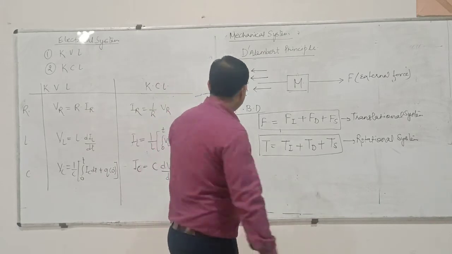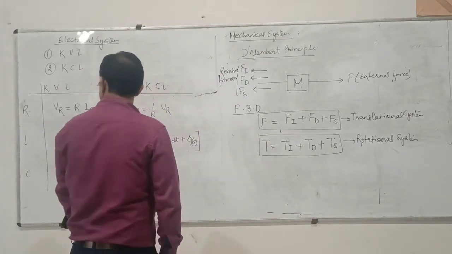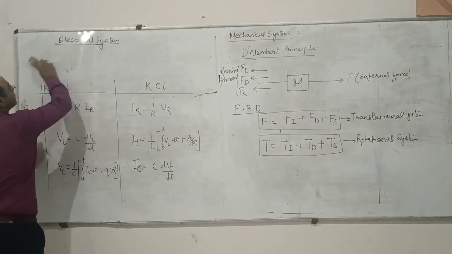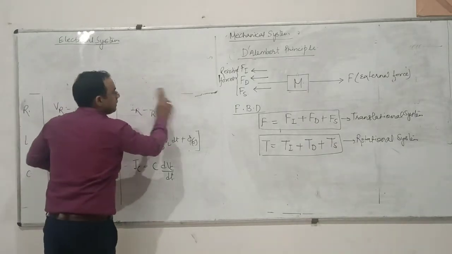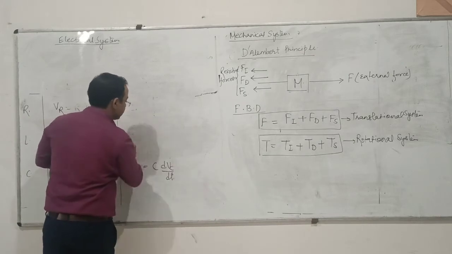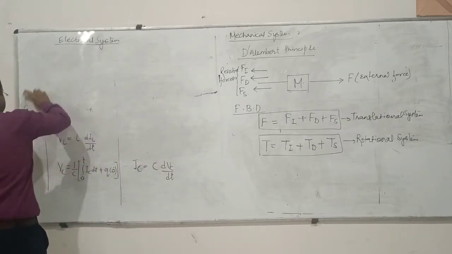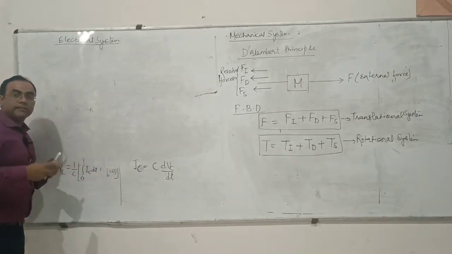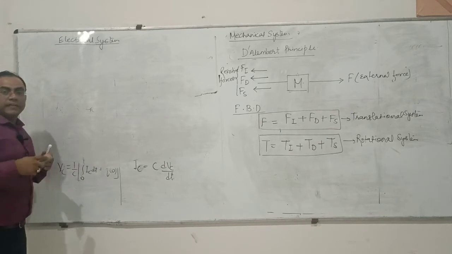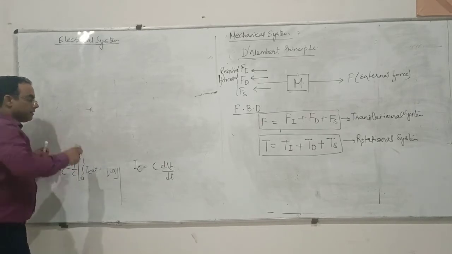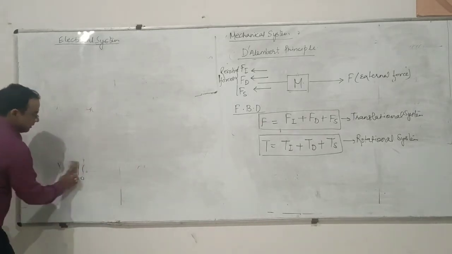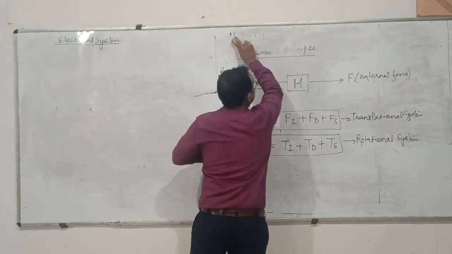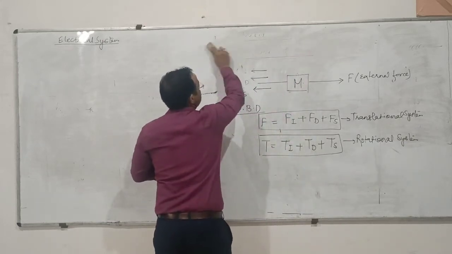So now we take the example of electrical system and develop the relation, and after that we take the mechanical system, and then we may develop the relation, or we can say the analogy, between the mechanical and electrical system.